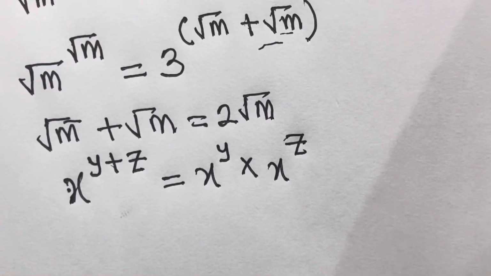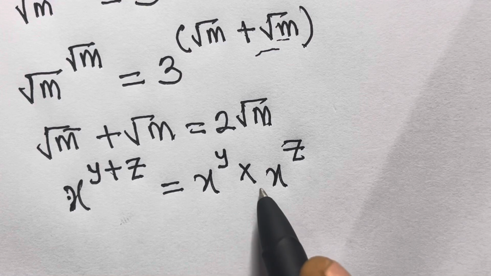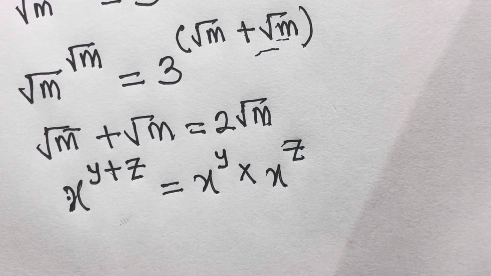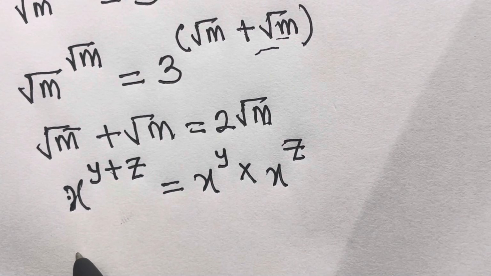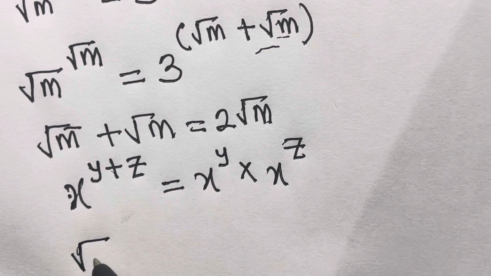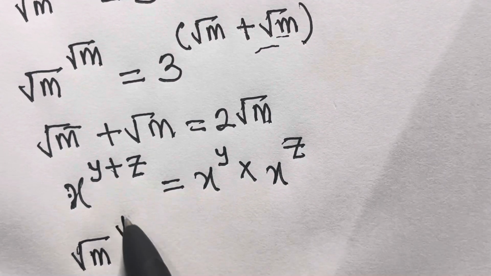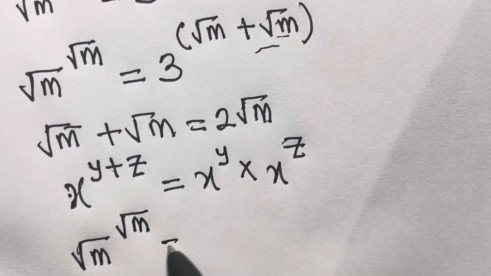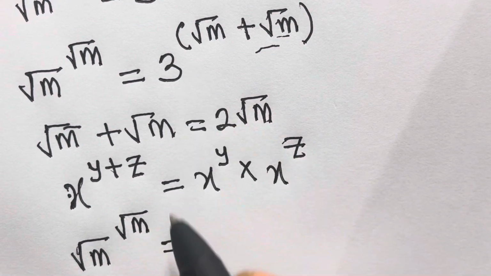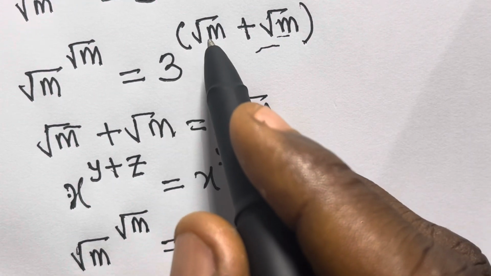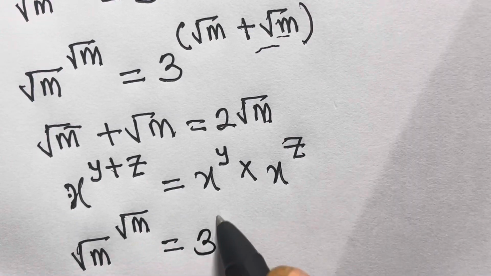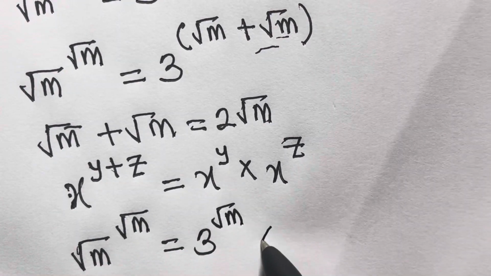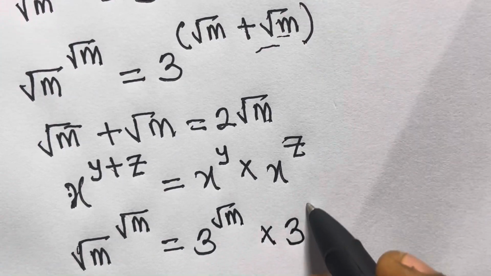If you apply this to this, we will have square root of m raised to power square root of m equals, we distribute this, so we have 3 raised to power square root of m multiplied by 3 raised to power square root of m.